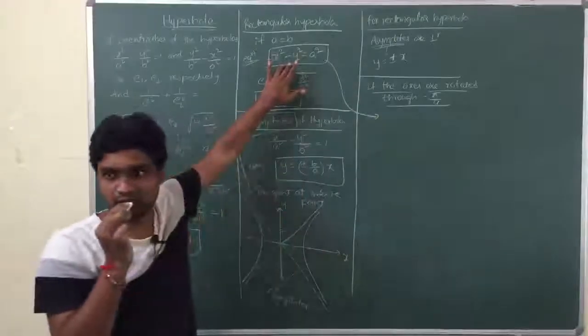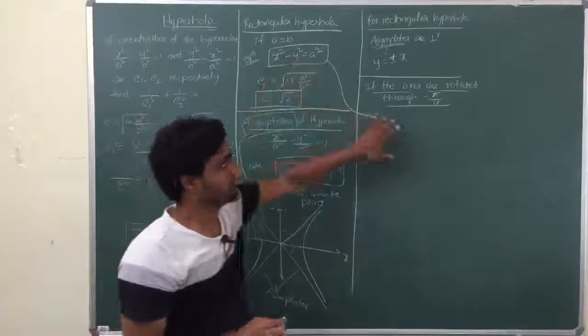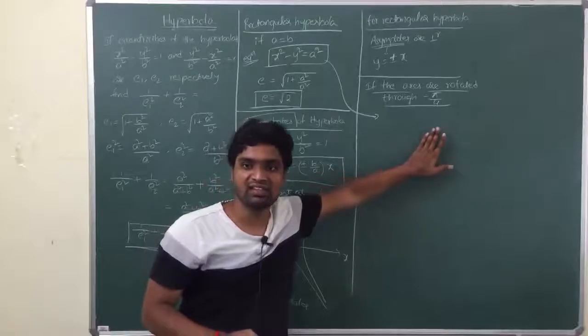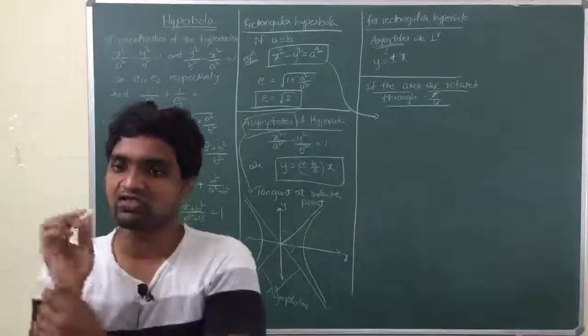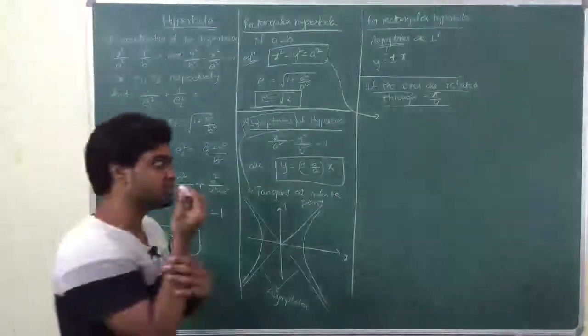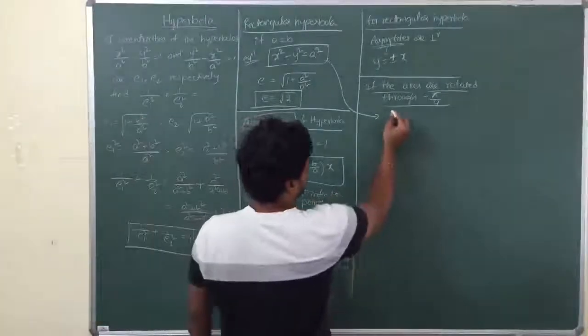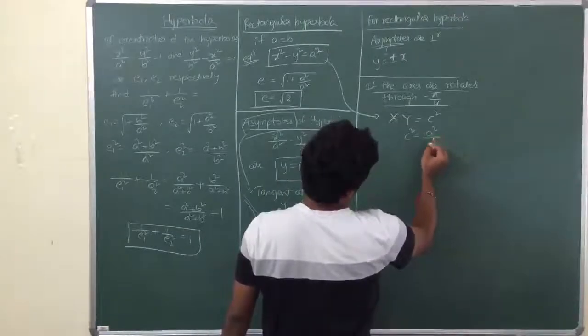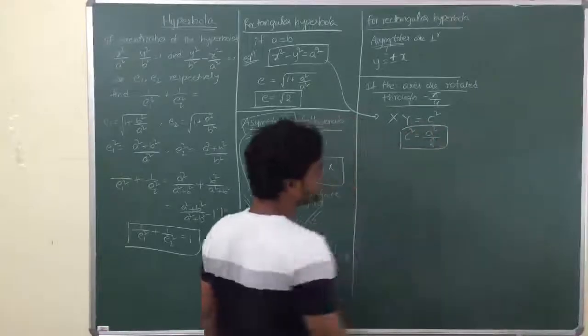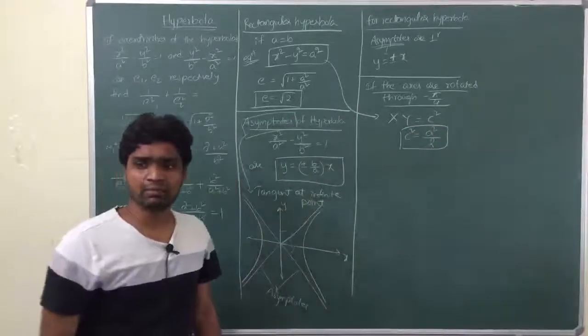This equation turns into capital X into capital Y is equal to C square, and value of C square is A square by 2. Now capital X into capital Y is equal to C square, where C square is equal to A square by 2. Remember this. Okay. So why did I write capital X and capital Y?